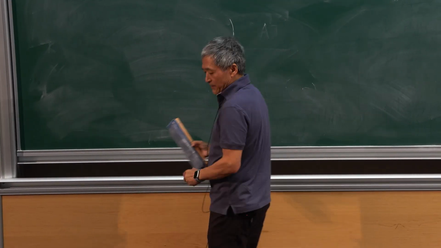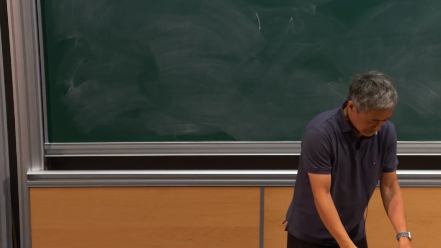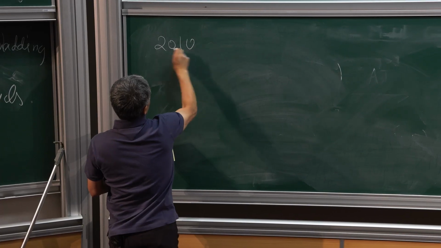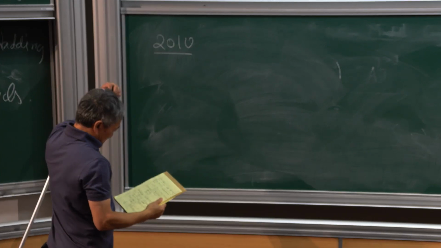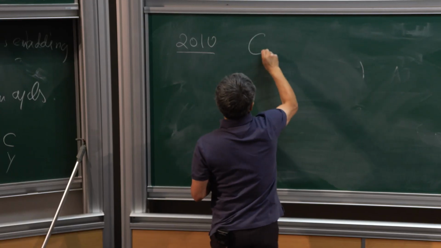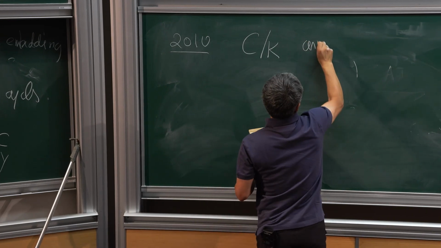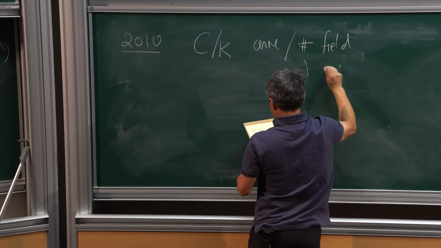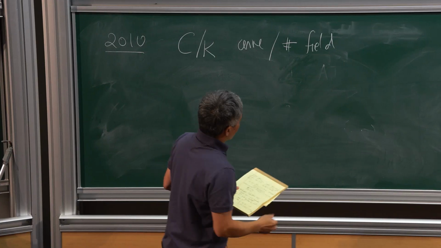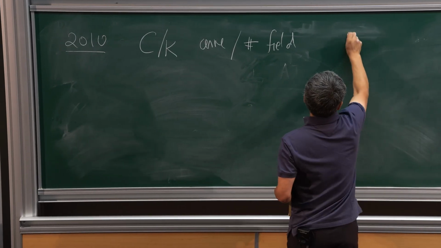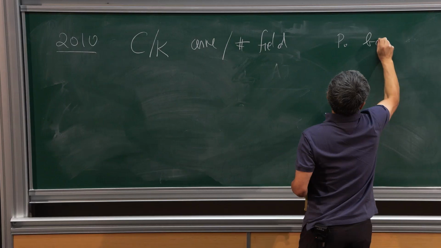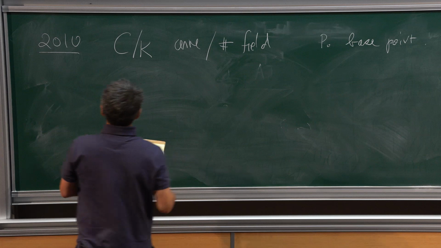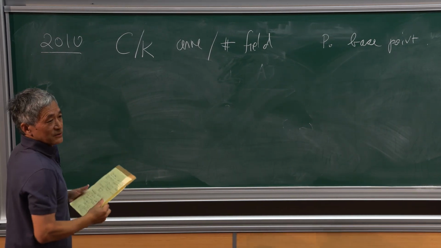The first theorem in the Diophantine world: I proved one theorem in 2020 with help from my students. Let C be a curve over a number field K. Then I choose a base point P0, because this Gross-Schoen cycle depends on the base point you choose.